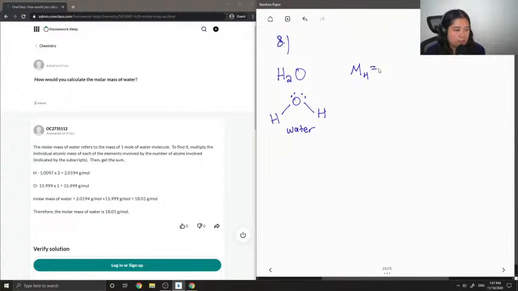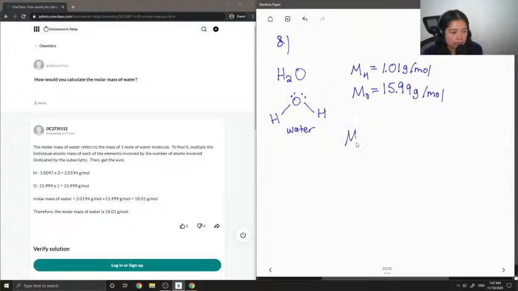So the molar mass of hydrogen is simply just 1.01 grams per mole, and the molar mass of oxygen is just 15.99 grams per mole.